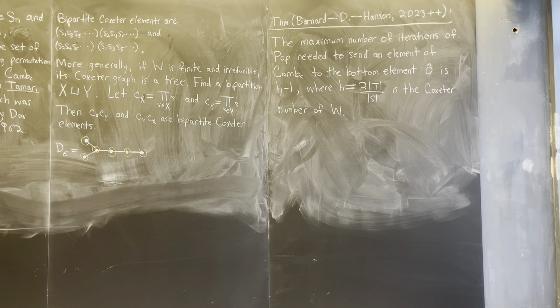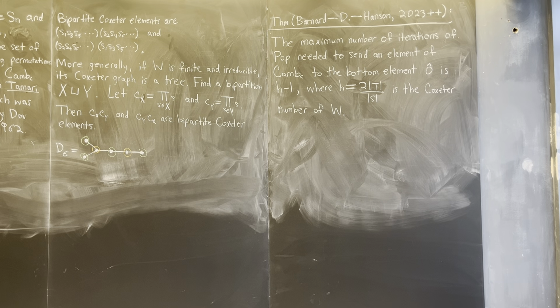A sub t of n be the number of elements of the nth Tamari lattice that require t or fewer iterations of pop to reach the bottom.